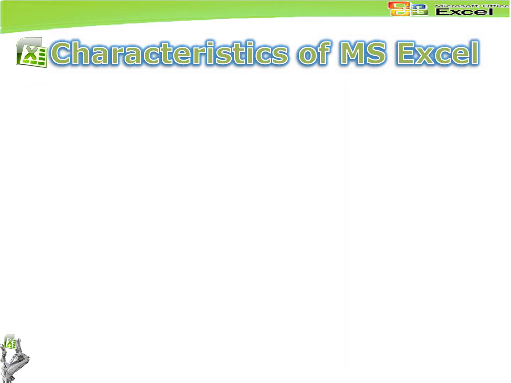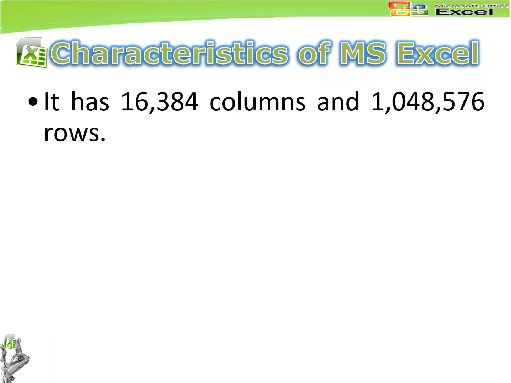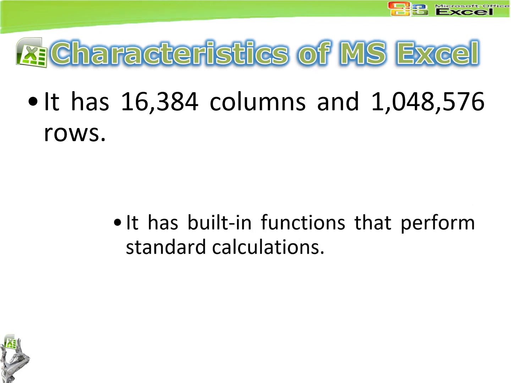So we have characteristics of MS Excel. First one, it has 16,384 columns and 1,048,576 rows.